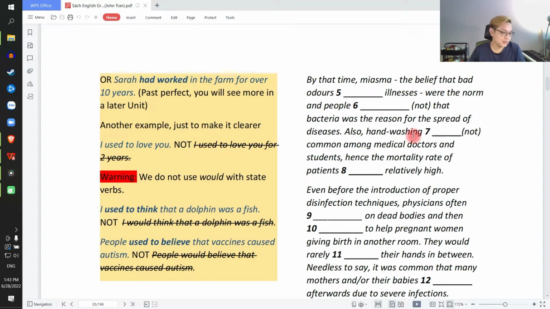Also, hand washing wasn't common among medical doctors and students. Hence, the mortality rate of patients was relatively high.